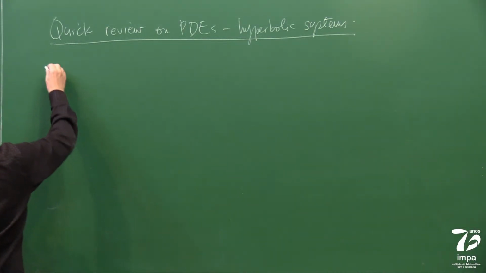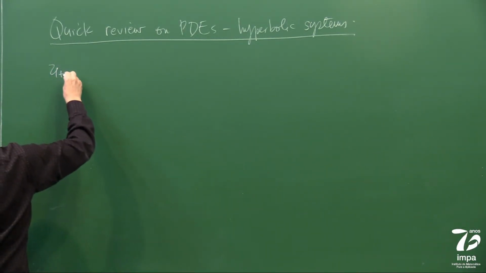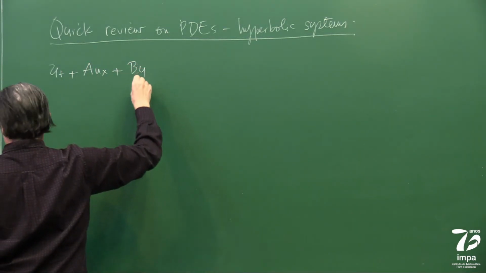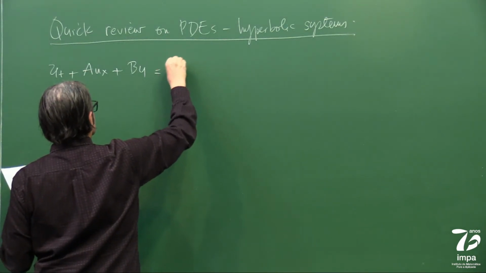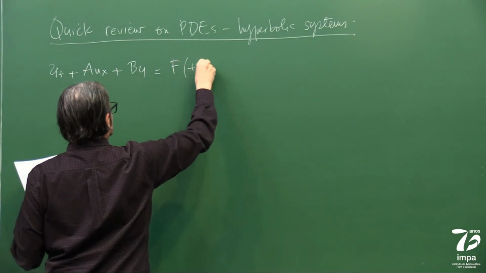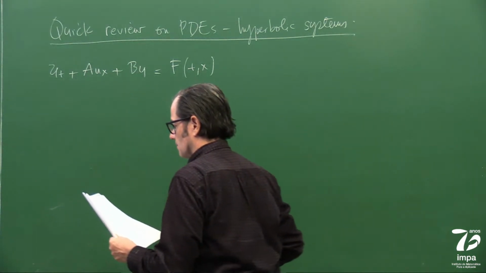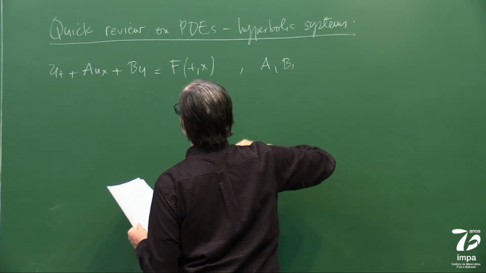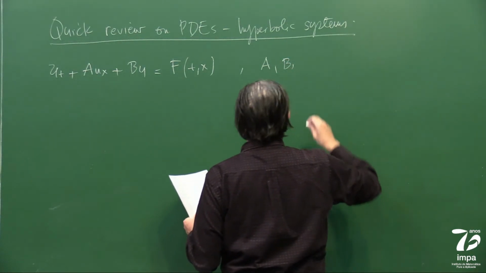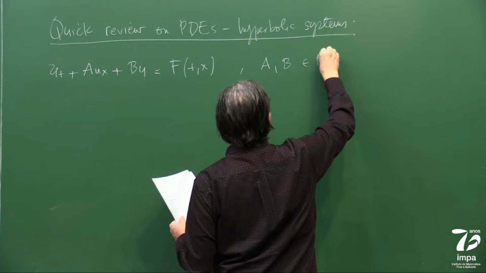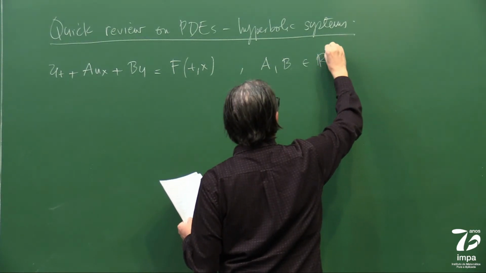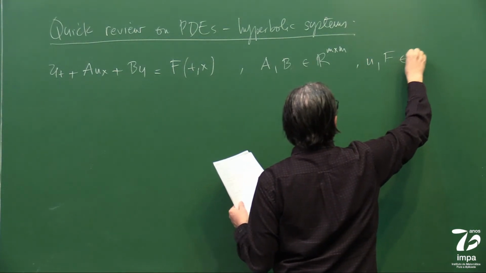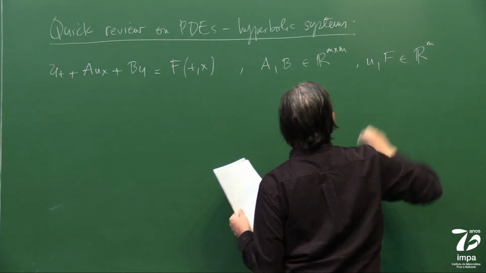So if we have a system like this, I have to say A, B are real matrices, let me say M by M. U, F are vectors.